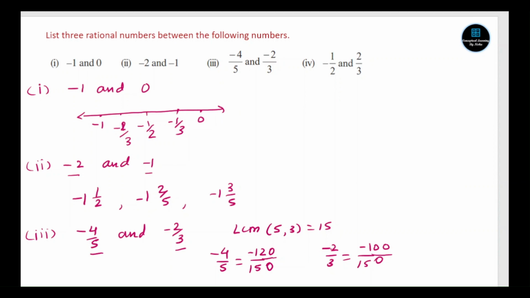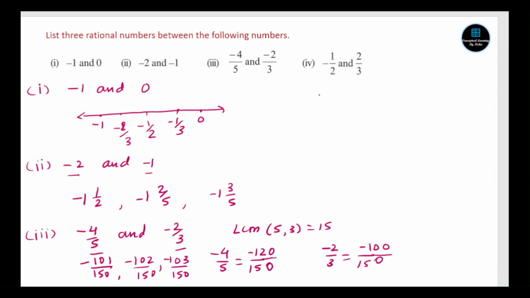I can write so many rational numbers between these two, correct? So the rational numbers between these two given rational numbers are -101/150, -102/150, and so on, right? There are so many I can write.